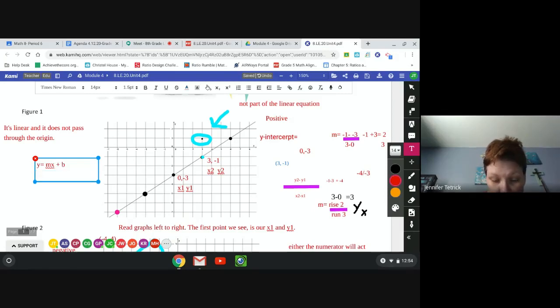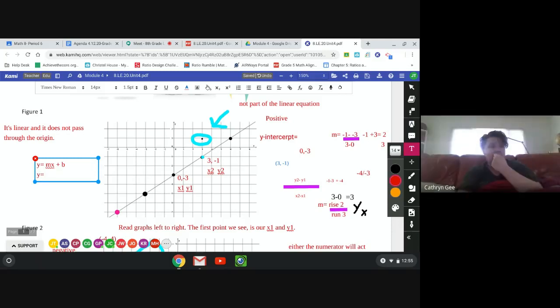So, if I have my y-intercept and it's very noticeable, does that go in the M or the B? Which letter represents my y-intercept, the M or the B? B. Excellent.